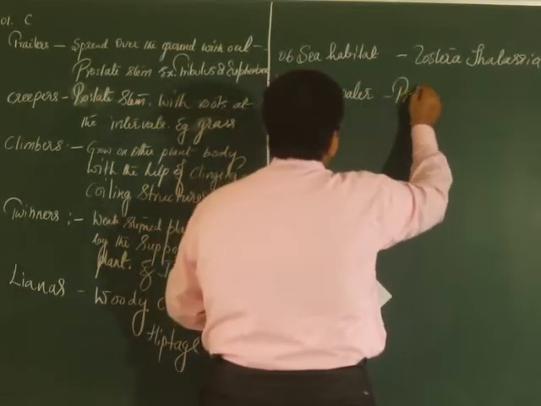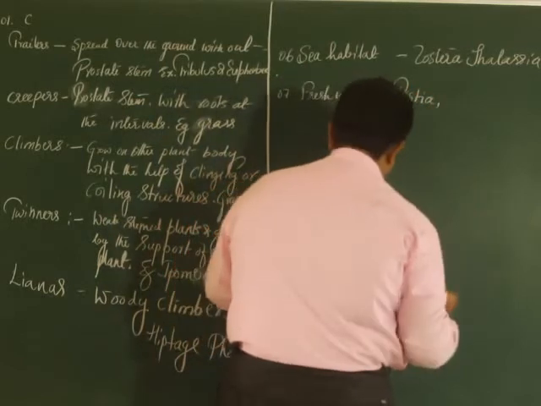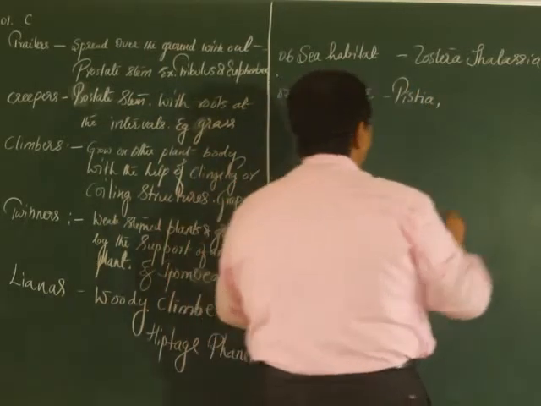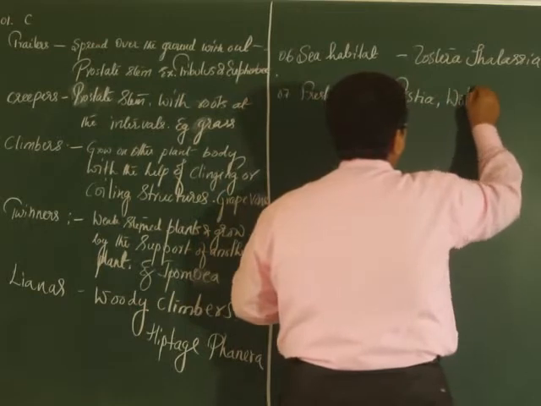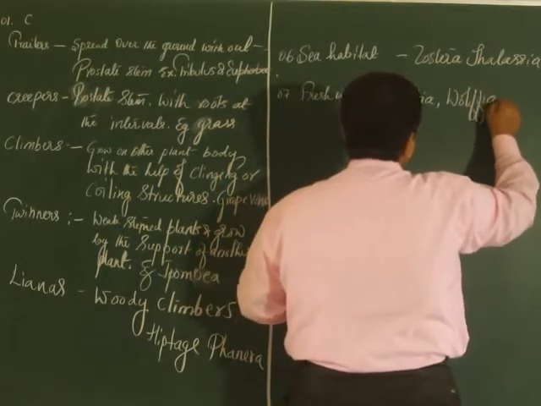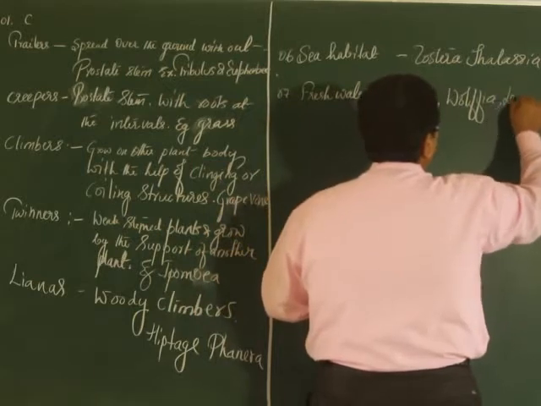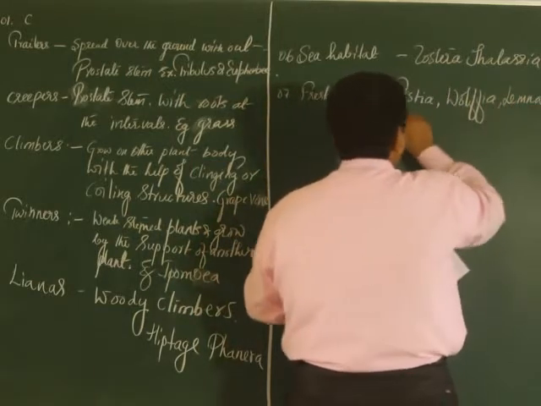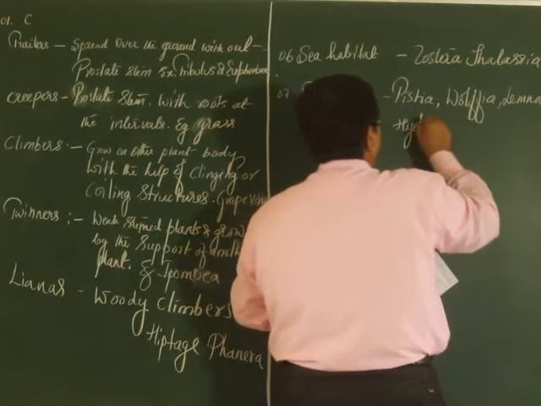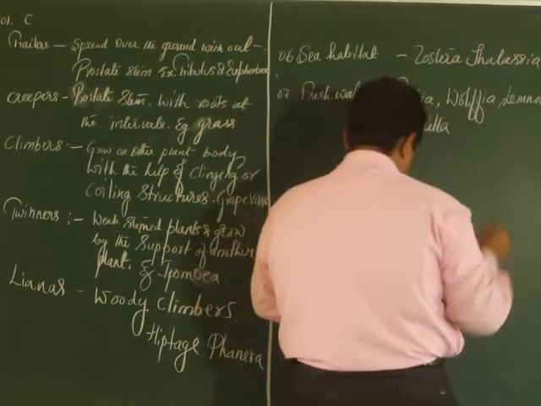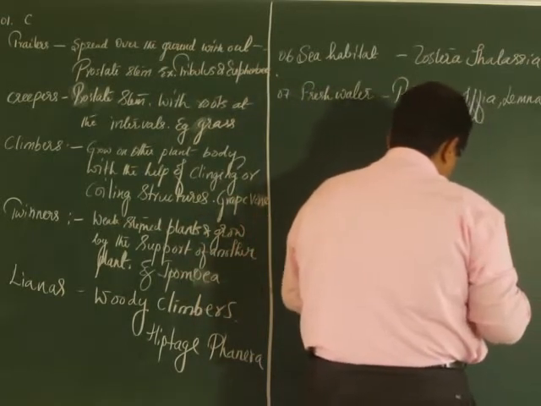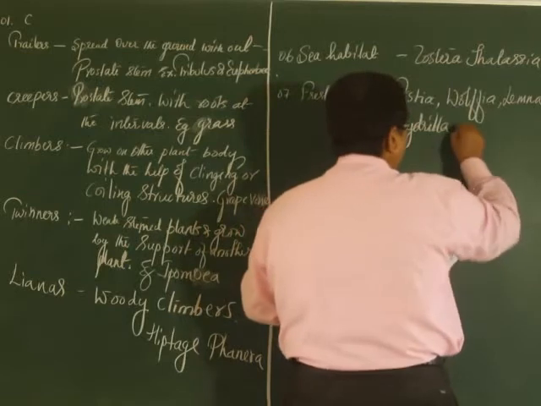Pistia, floating plant. And then Wolffia. And then Lemna. Hydrilla. And Trapa.